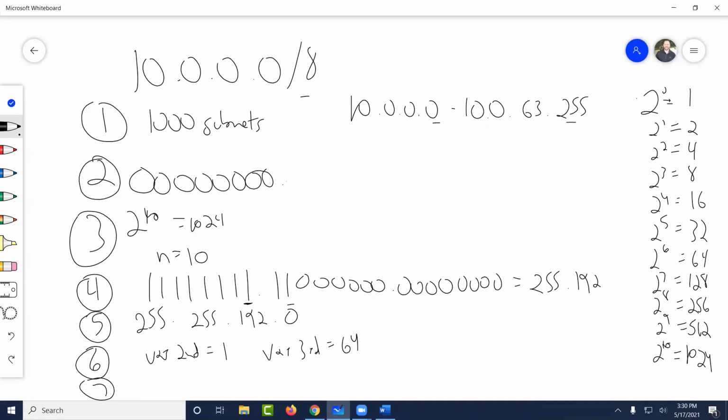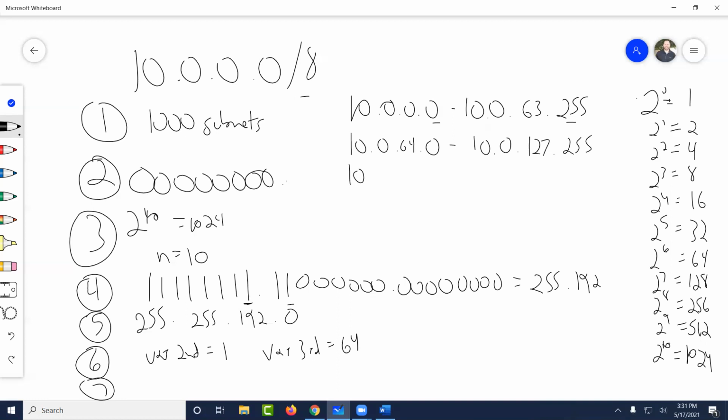We also make no change in the second octet yet because we've got to roll the third octet by all its possible permutations. So our next subnet will be 10.0.64.0 to 10.0.127.255.